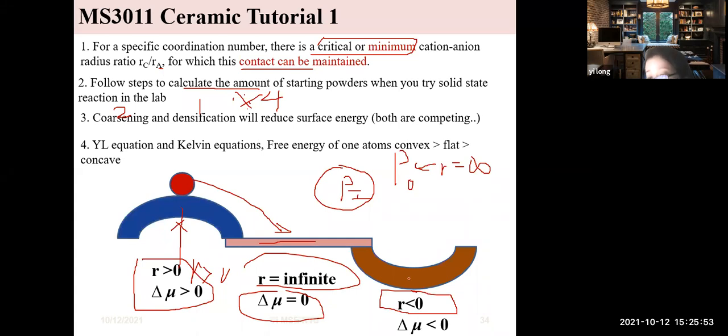But it doesn't matter, I know it's a bit confusing here. We ignore this first. But we already know that the atom is going to move from the convex to the flat, because the flat one gives you R equals infinity.